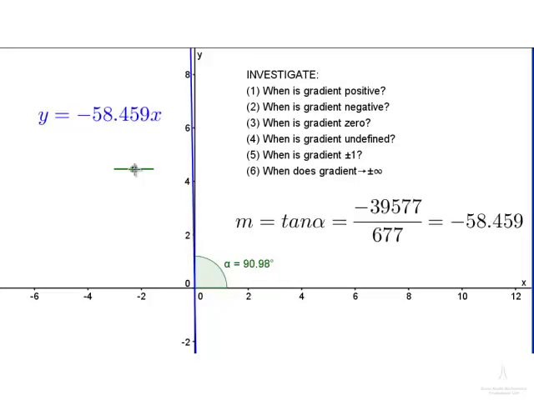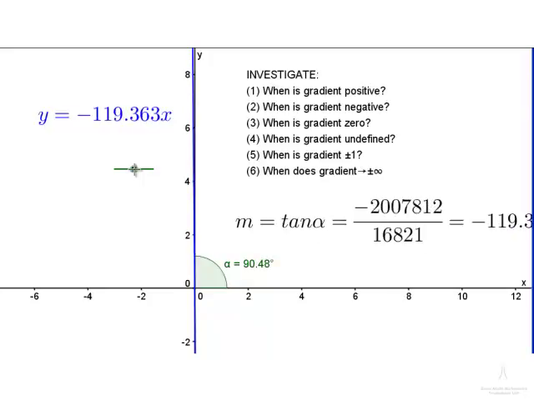Now I want you to take note how rapidly it increases. Let's go to 90.0 something. See the rapid increase? So the smaller my delta x becomes, the bigger the answer.